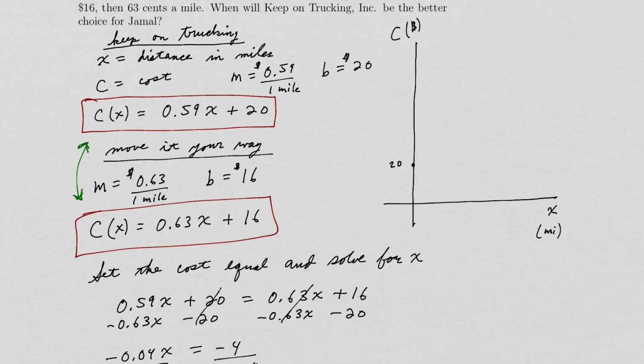And then the slope is 0.59. So it's going to look something like this. And then for the second company, Move It Your Way, it starts at 16. So this is 16, right? That's the initial cost. But the slope is slightly steeper, because it's $0.63 per mile. So it'll look something like this.